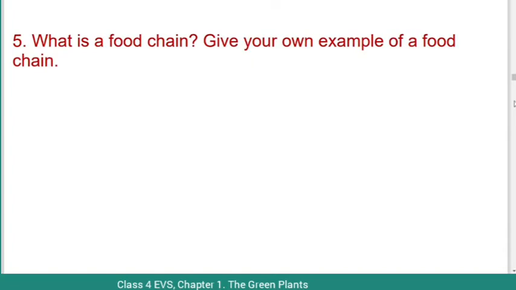Fifth question, what is a food chain? Give your own example of a food chain.